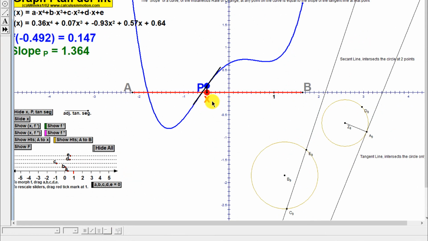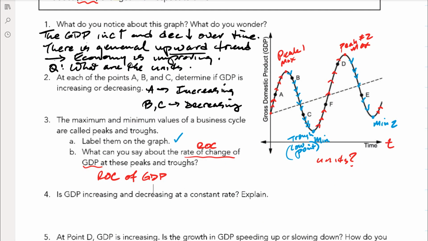So I'm going to go to a peak. There's the peak. Now the tangent line at the peak is horizontal, and horizontal lines have a slope of 0. So whether you're at a peak or at a trough, which is down here at a minimum, the tangent line is horizontal and the slope is 0. Just keep that in mind. Basic stuff. So let's draw them in.